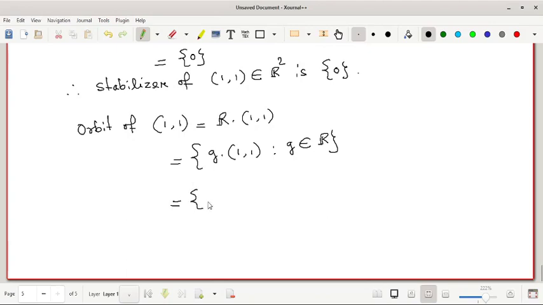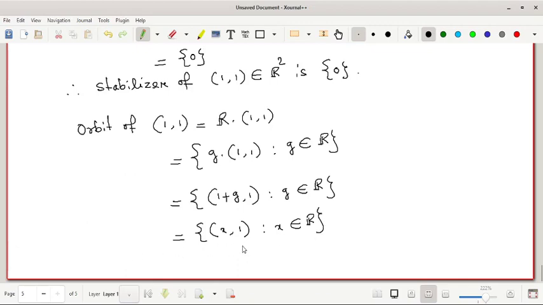This is equal to the set of all ordered pairs (1 plus g, 1), g belongs to R. This is equal to the set of all ordered pairs of the form (x, 1), x belongs to R. Isn't it? Because if you define a function from R to R by f(x) equal to 1 plus x, it is nothing but a bijection.